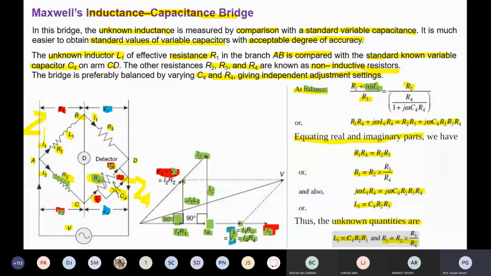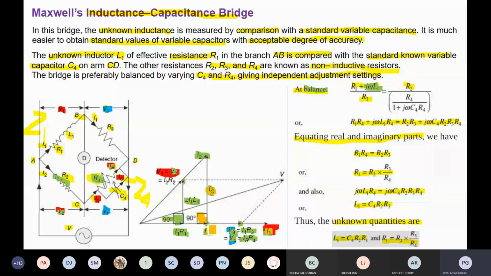So your IC direction will be 90 degrees leading with respect to your IR. IR and I1 will be in phase, so all are in phase, and IC is 90 degrees leading with I1, so you are getting the value of I2. So I2 equals IR plus IC. Now it is satisfying.